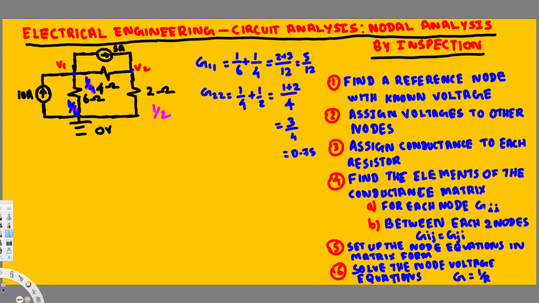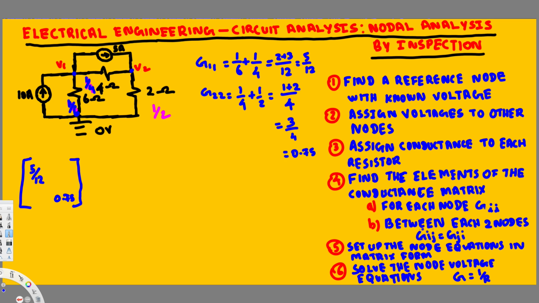Now we have to arrange them in a matrix, and we put them on the diagonal. Whatever you found for G11, 5 over 12, goes on this side, and 0.75 on the other side.